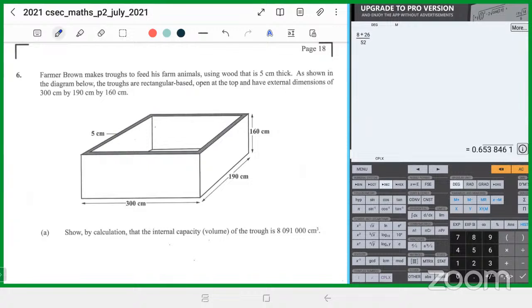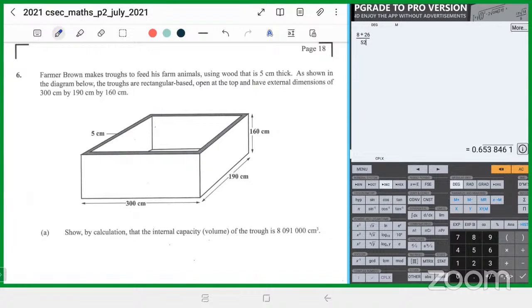As shown in the diagram below, the troughs are rectangular based, open at the top, and have external dimensions 200 by 190 by 160 centimeters. So they're showing the external dimensions. Remember, the material is 5 centimeters thick. The top is open. The bottom, therefore, also has 5 centimeters thickness under there.